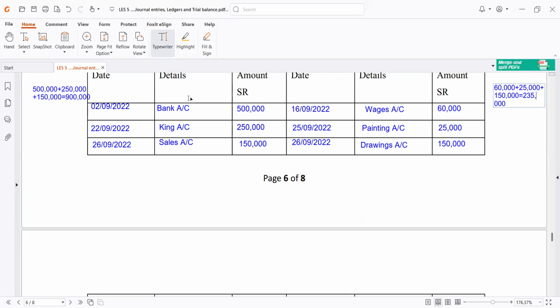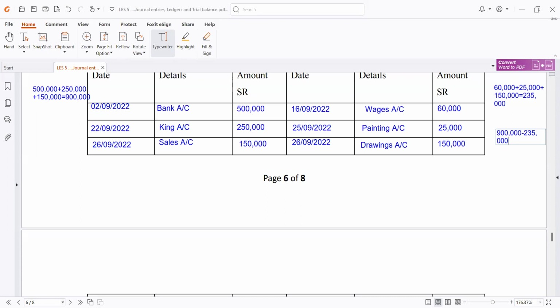So we need to get a balancing figure. Debit side, we have 900,000. And on this side, we have 235,000. So what is the difference? The difference is 900,000 minus 235,000. Let me use the calculator that is showing. So it's 900,000 plus 235,000, like that. Not even plus. I ought to have subtracted.